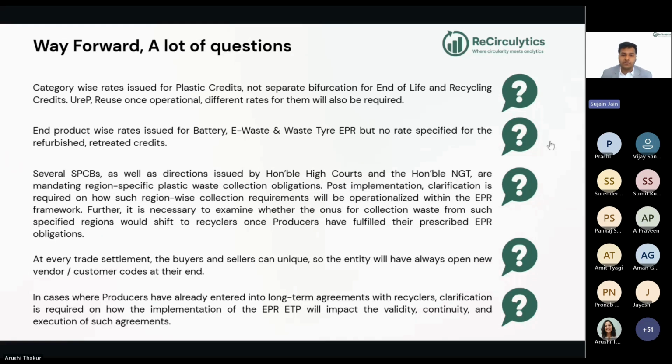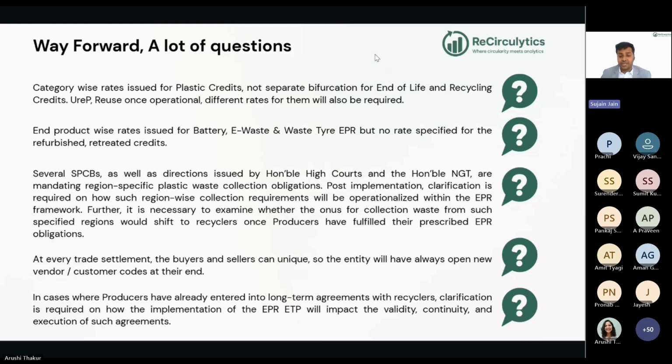Thirdly, if you follow the notices, a lot of state pollution control boards, the Honorable High Court and the Honorable National Green Tribunal are, through their orders or directions, mandating brands or producers to undertake region-wise specific collection of plastic waste. If this is implemented even after the implementation of the exchange, how will this whole thing work, and how will the brand fulfill those obligations along with their EPR obligations, because then it raises a duplicacy of the obligation.